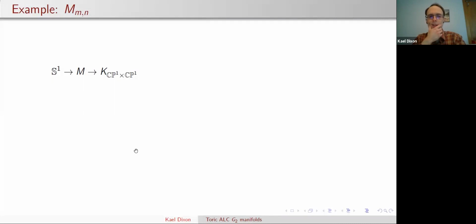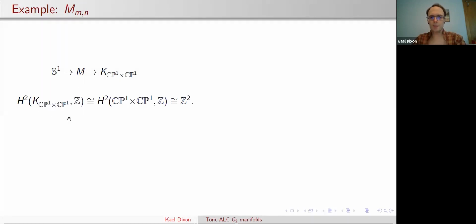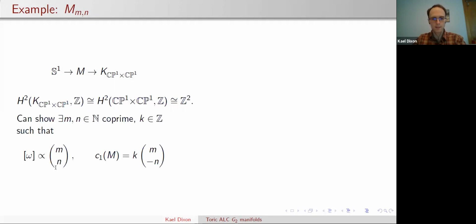So if we take CP1 cross CP1 as our surface, then you want to construct a circle bundle over it. Then you look at the cohomology, it's just going to be Z2. And then our symplectic form is going to be of the form (m, n), which we can choose to be coprime.